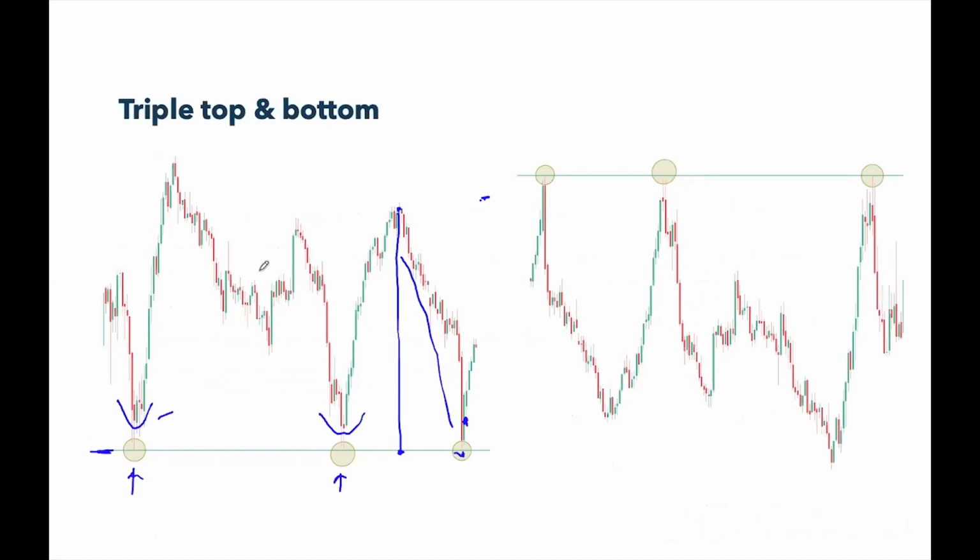So this particular pattern is a triple bottom. Why? Because this is the first bottom, this is the second bottom, and this is the third bottom. And after this third bottom is created, we are sure that the price is going to reverse. Similarly, the exact opposite of triple bottom is triple top.